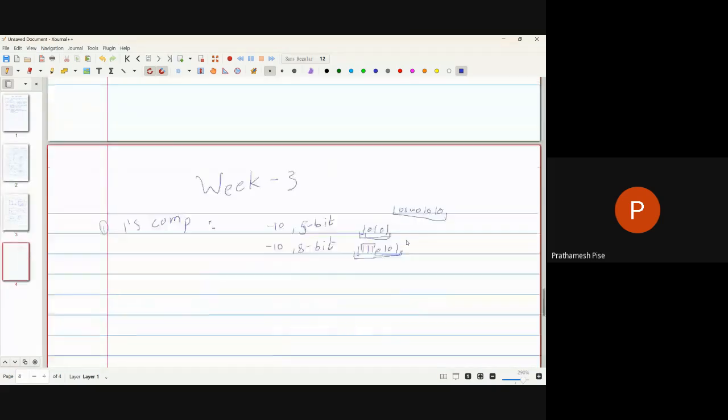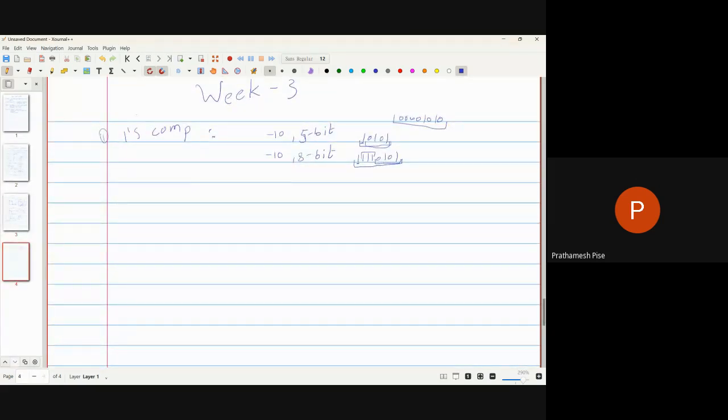We are taking 1, 1, 1, 1, 1 in, let's say, 5 bits, assigning it to 0 in case of one's complement, and then we are going below. So 1, 1, 1, 1, 0 is minus 1, and so on till we hit 1, 0, 0, 0, 0. This is basically what we are doing in one's complement.